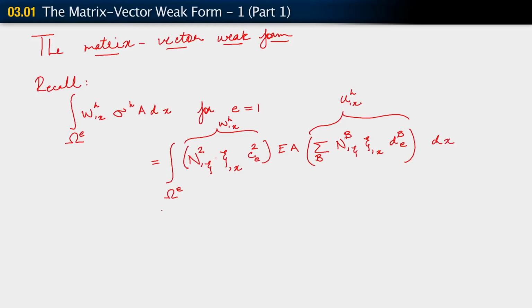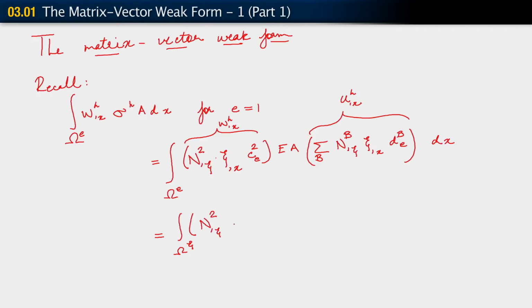All right, and now of course we take our approach of going to the bi-unit domain in order to write out this integral. From that we get integral over omega xi. The first factor here is N2 comma xi.